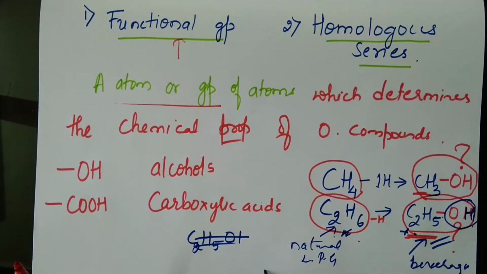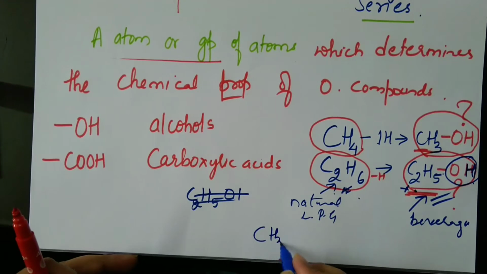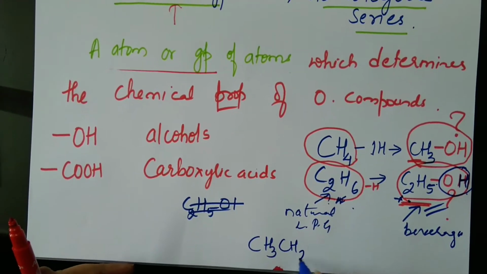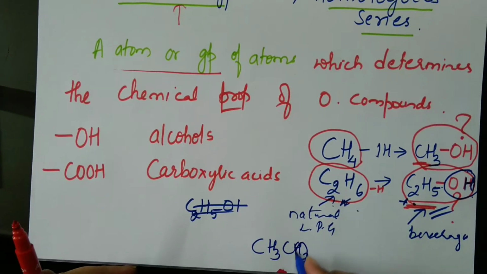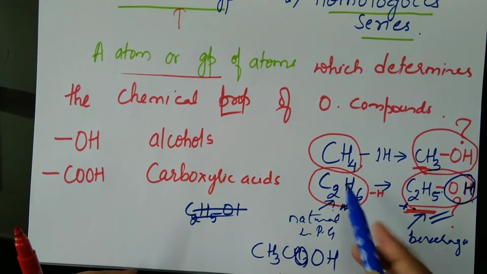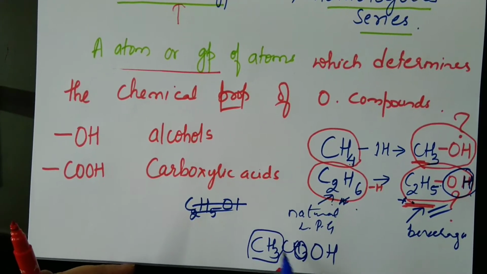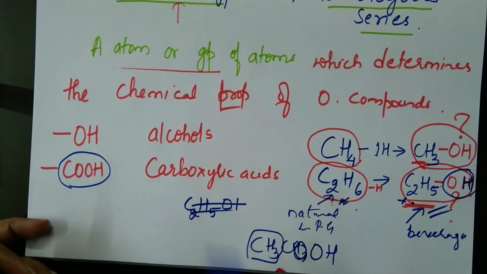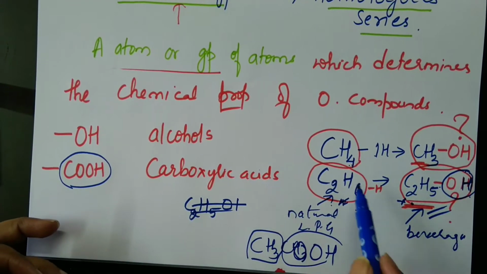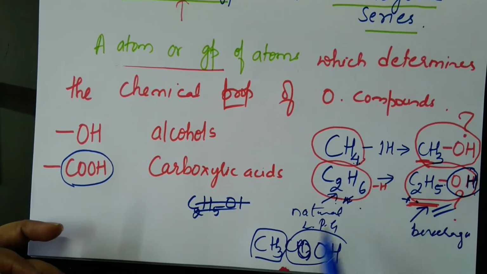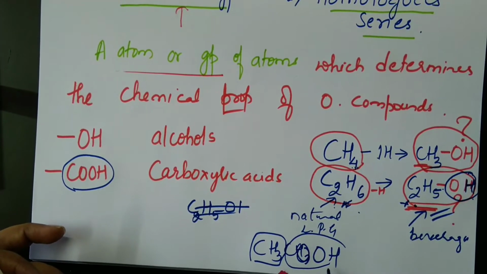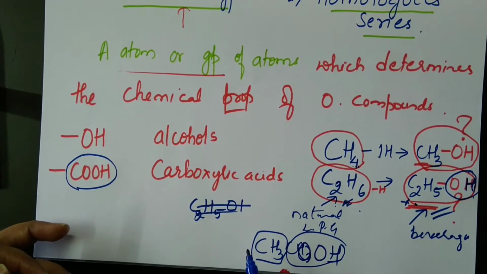Similarly, I have another molecule here, CH3COOH. One hydrogen of methane is removed, so I get CH3, and I have replaced it by the COOH group. Now the properties of methane are totally different from the properties of CH3COOH.